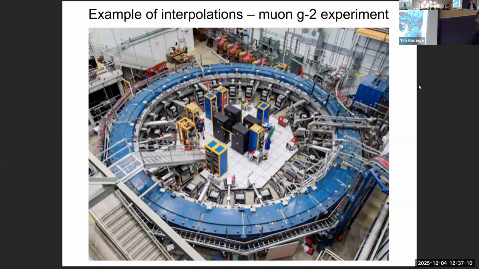I wanted to just show you the interpolation that I'm familiar with from the muon g-2 experiment. The muon g-2 experiment is a project to measure the anomalous magnetic moment of muons. The muons have a magnetism, a magnetic moment.